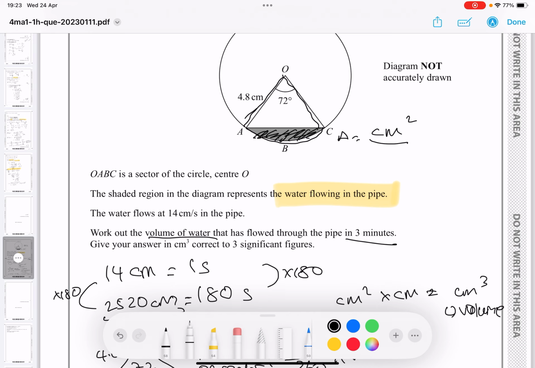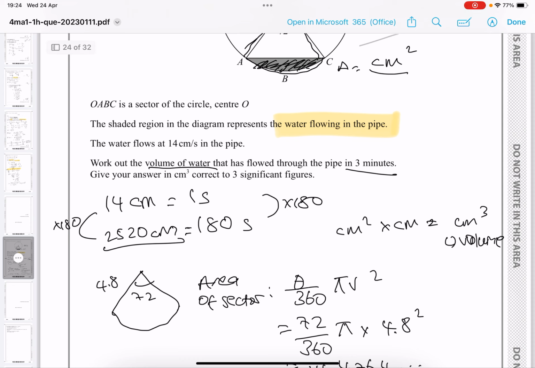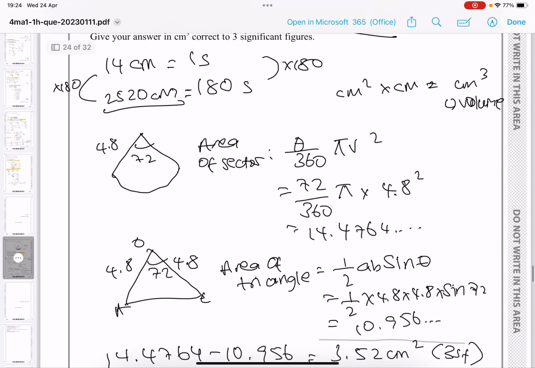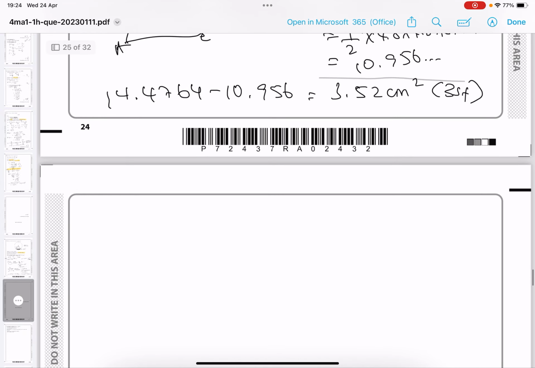Now that we've got the area of this shaded region here, okay? Remember what I told you before, what we're going to do is multiply that area by the length that we got that flows in 180 seconds, because they want to work out the volume of water that's flowed in 3 minutes. So we're going to multiply that answer by 2,520 to get the volume of water. Okay, so 3.52 multiplied by 2,520.